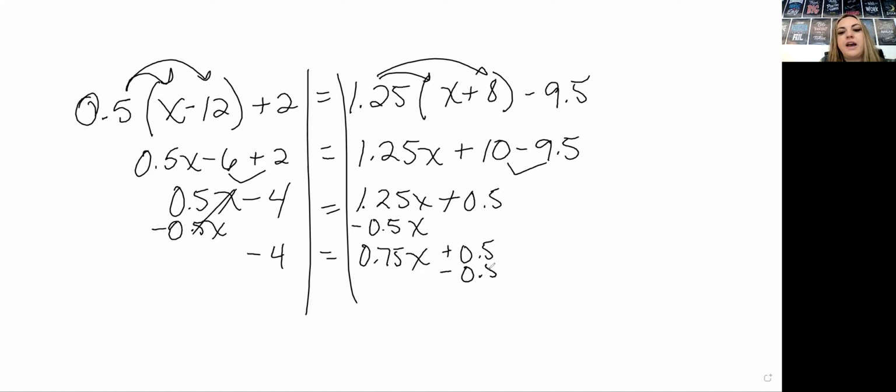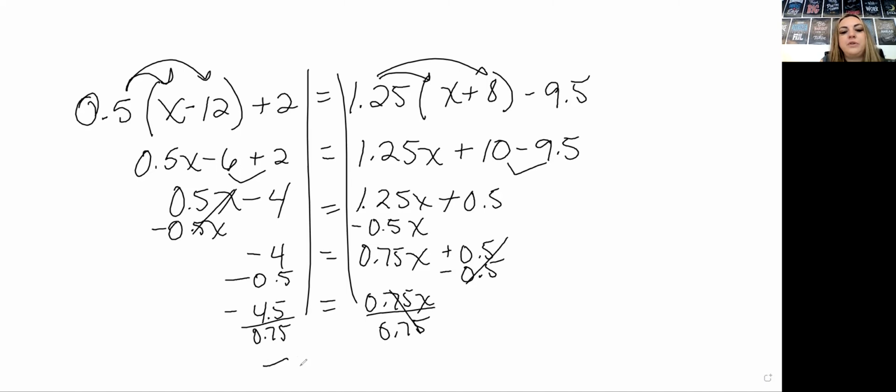Let's subtract our 1/2. We want that constant off of that side. We get -4½. Oh, I almost forgot the negative. -4½ equals 75/100 x. And final step, we're going to divide both sides to undo the multiplication. And we're going to get -6.